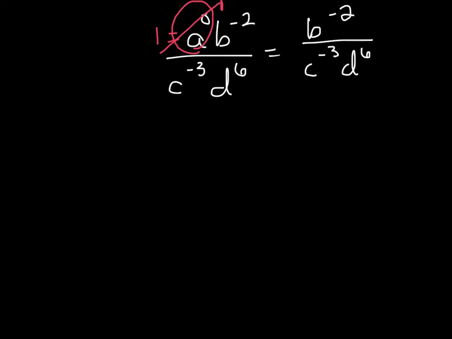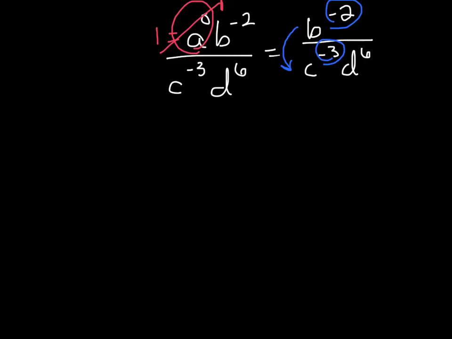Now let's look at all of these terms that have a negative exponent. These negative exponents are telling me that the variables they are attached to, the b or the c, should be in the opposite location. If they're in the numerator, they should be moved to the denominator, and vice versa. So this b to the negative second should be moved to the denominator.